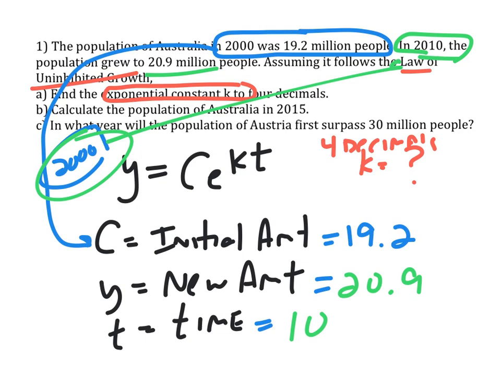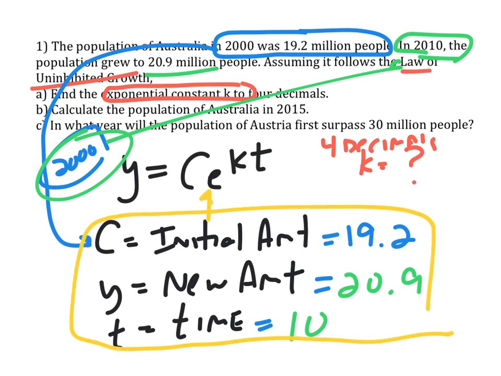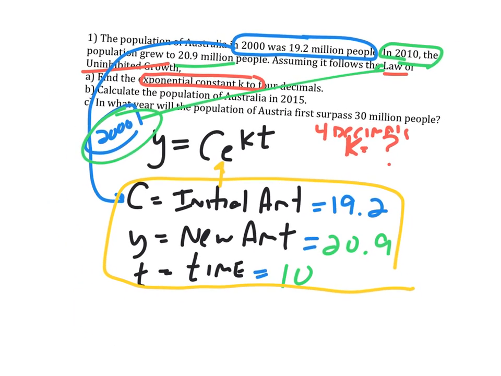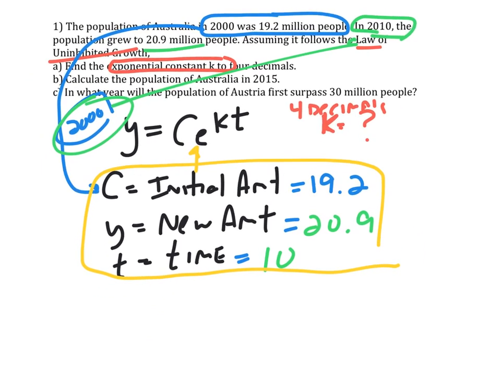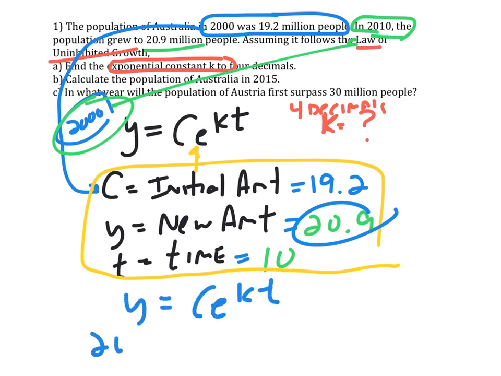So my first step is to plug in my y, my t, and my c into this law of uninhibited growth and solve for letter k to 4 decimal places. I'm left with my y value, 20.9, equals c, which is 19.2, times e raised to the k times t.